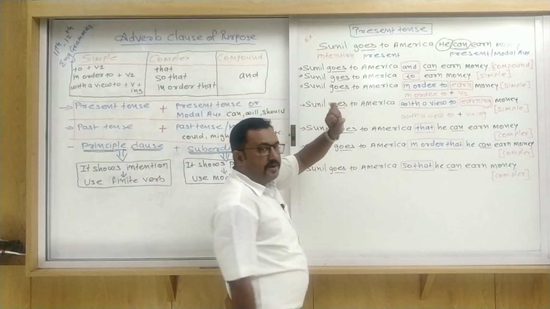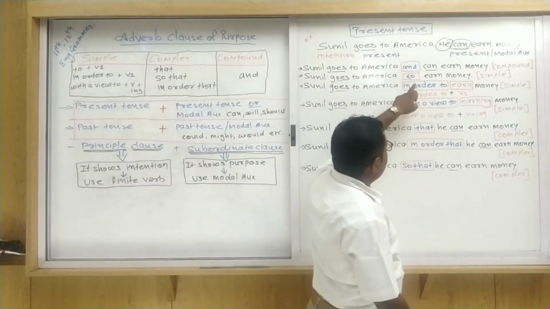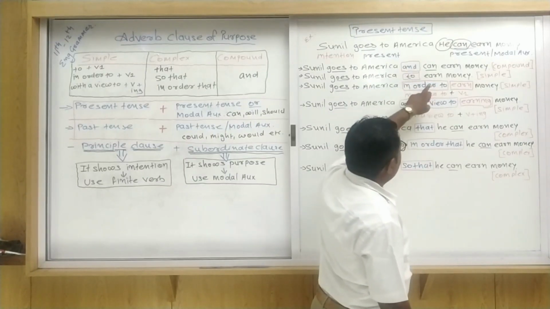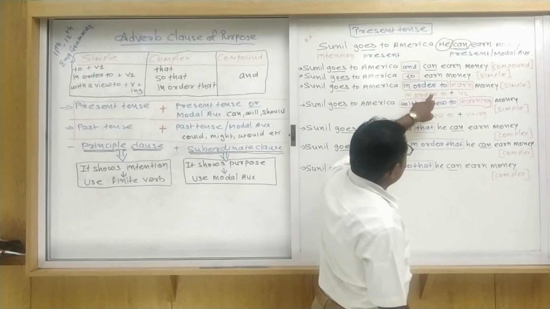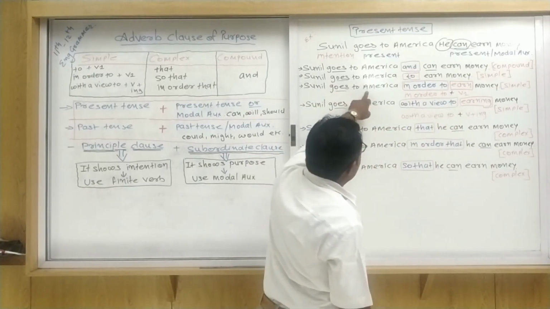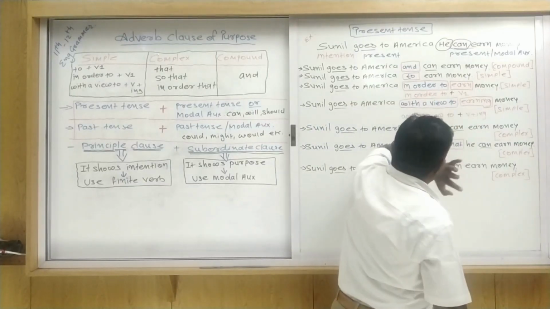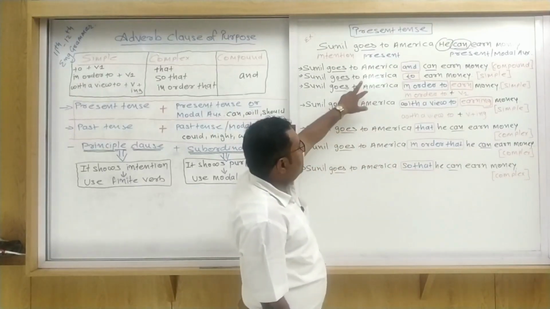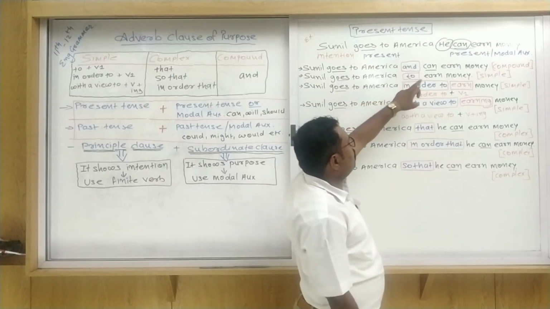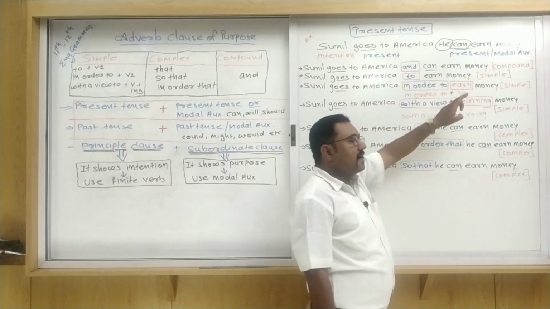Now in order to. First of all, you have to remember that after to, V1 comes. After in order to, use V1. So Sunil goes to America in order to earn money. Okay. Both the sentences are the same: Sunil goes to America to earn money, Sunil goes to America in order to earn money.